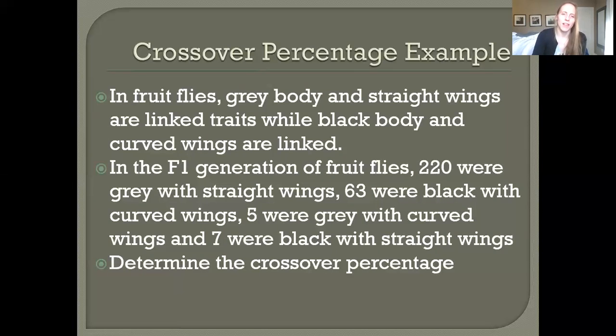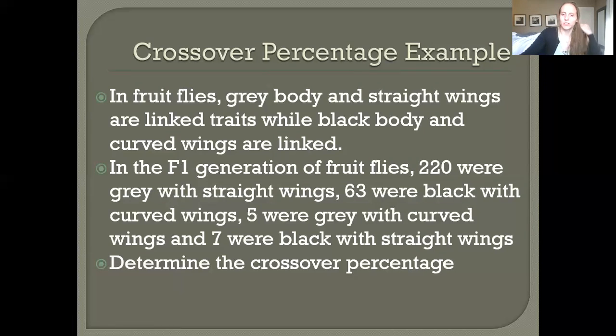So in fruit flies, just an example, it says that there are gray bodies and straight wings that are linked, black bodies and curved wings are linked. Again, it was Morgan who taught us that. If in the F1 generation of fruit flies, there were 220 with gray and straight wings, 63 that were black with curved wings, 5 that were gray with curved wings, and 7 that were black with straight wings.